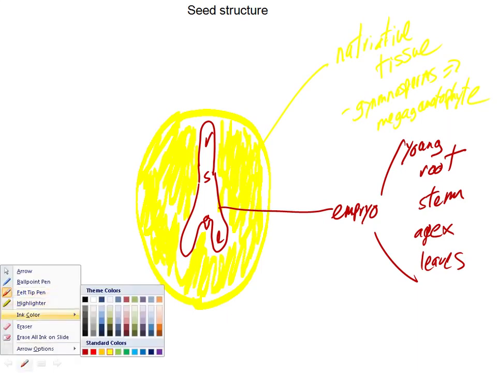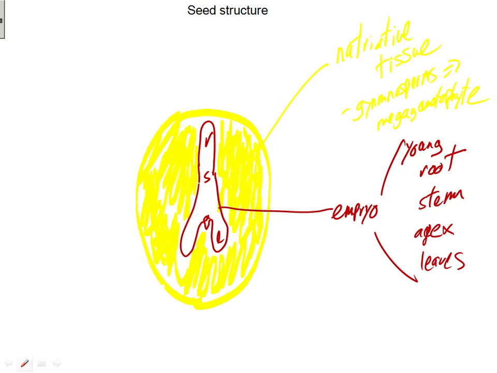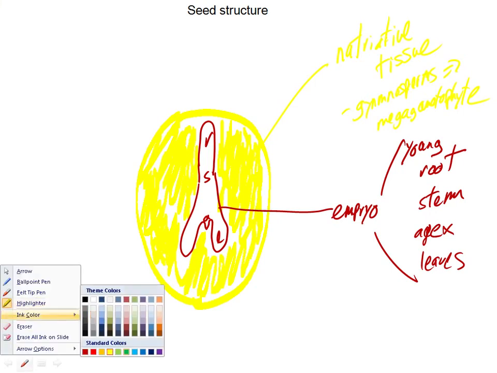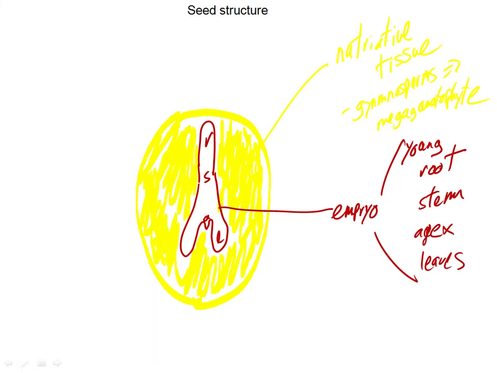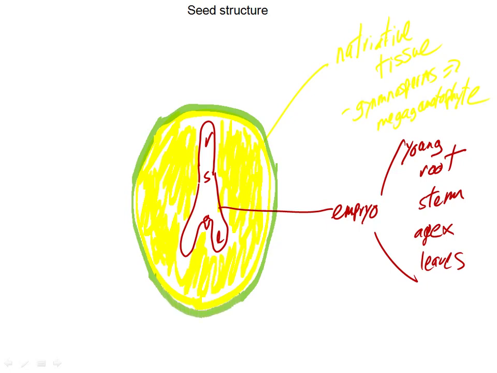Surrounding the megagametophyte, there would normally be the megaspore, but the megaspore is gone by this time. It's been essentially reabsorbed. But there is, or at least we will treat its presence as existing, a remnant of the structure of the megasporangium. And so that's what I'm drawing in here now around the nutritive tissue.